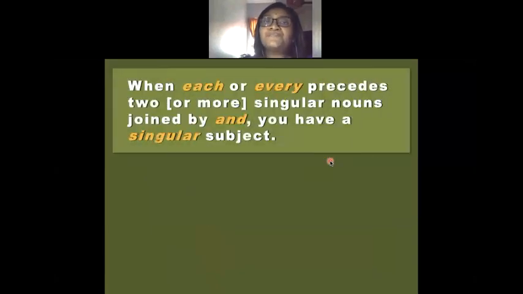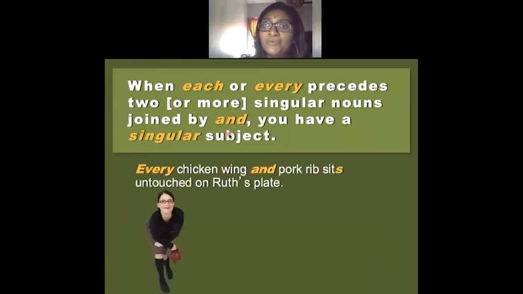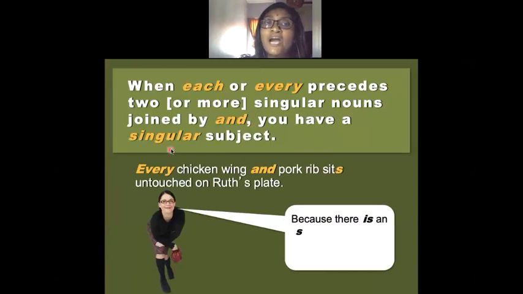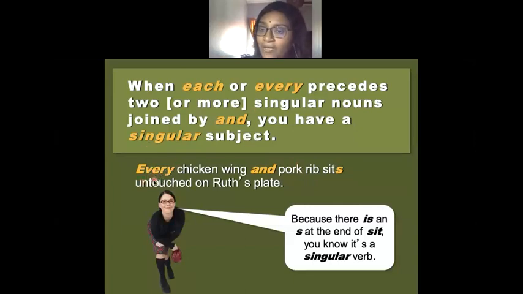Let's say when each or every precedes two or more singular nouns joined by and, you have a singular subject. So this is the trick. If you see the word every or each prior to the subject, then they are actually referring to a singular subject. All right.